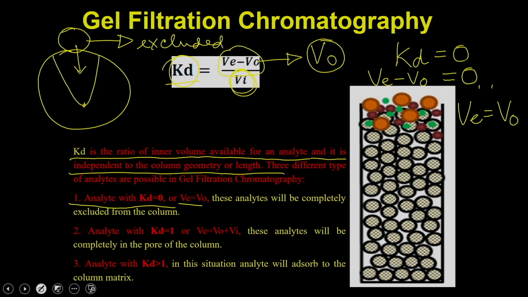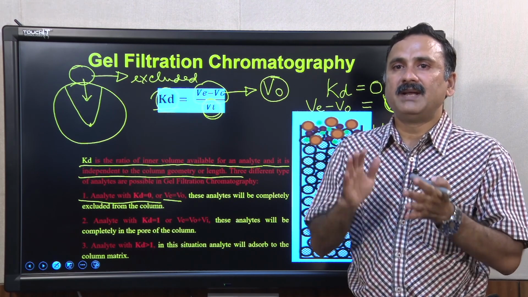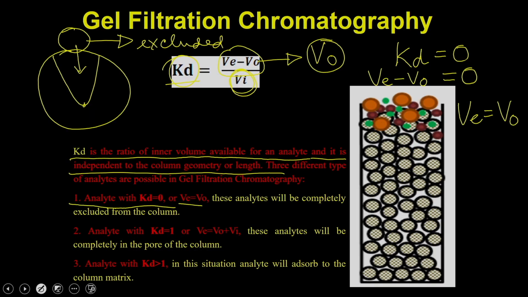So, if the Kd value is equivalent to 0, Ve minus Vo is going to be 0, and in those cases the Ve is going to be equivalent to the Vo, which means the molecule is present outside the beads, or it is not present in the pore, which means it is going to be excluded from the pore.